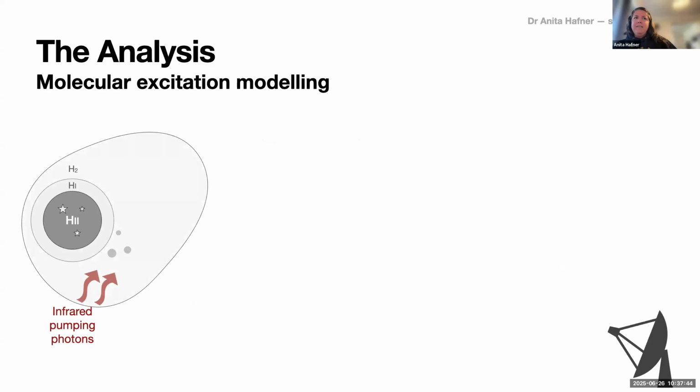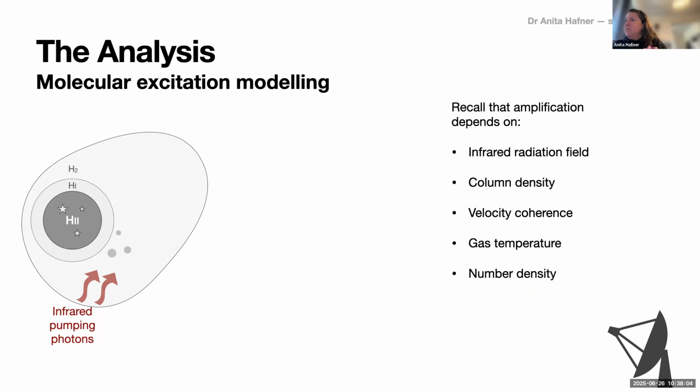But if we can go back to this idea of what we can get out of this data, from my perspective, obviously, there's all the really interesting stuff that Gordon mentioned, which I'll throw into the end because I don't have them in my slides. But if we remember that the amplification of these masers depends on a complex interplay between all of these parameters, you can think of the physical ways in which these could change in a reasonable way.